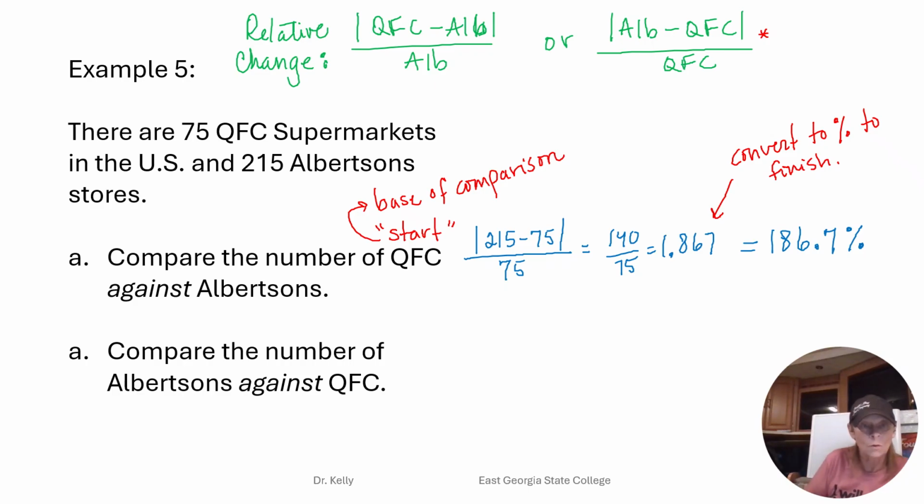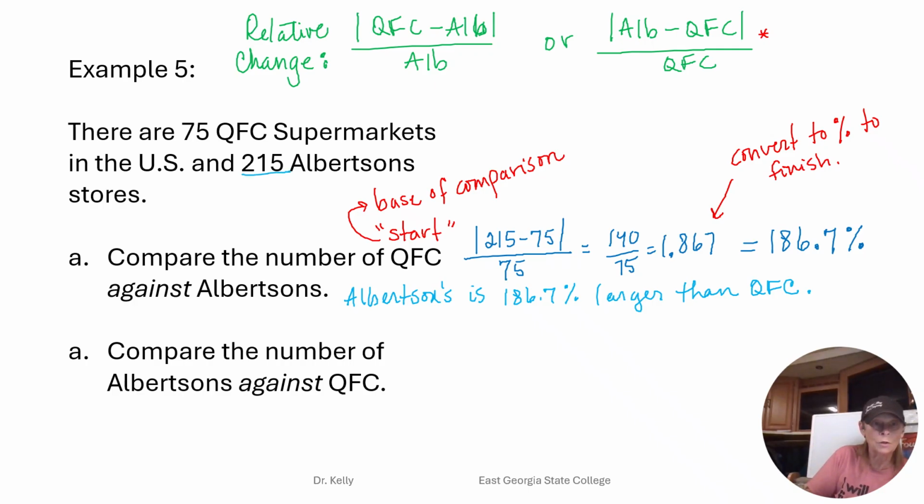So that's what I'm going to say is Albertsons is 186.7% larger than QFC. Right, and we can see that by looking here, 215, 75. We know that the Albertsons is larger. We've just managed to do the math, so we know how much larger.